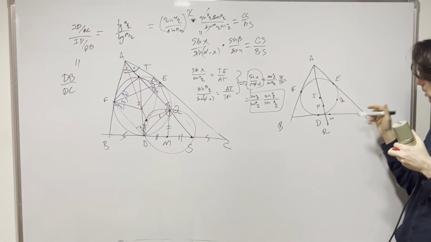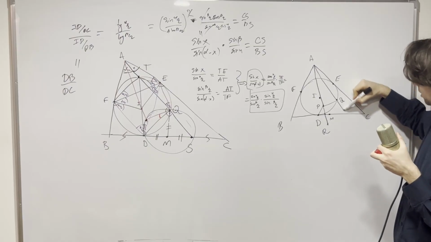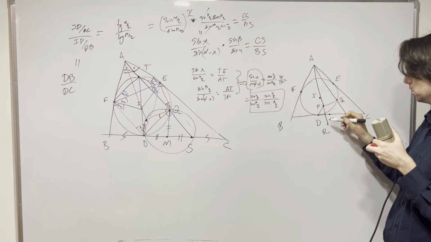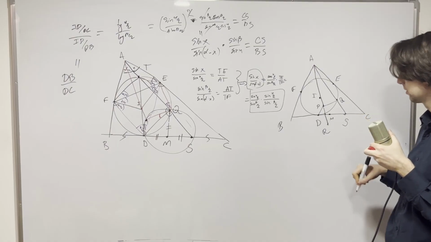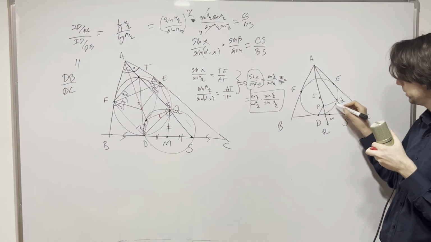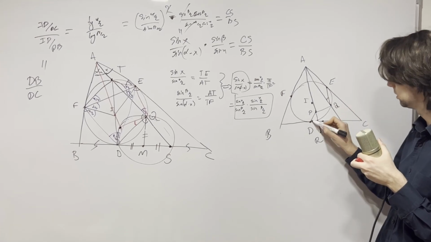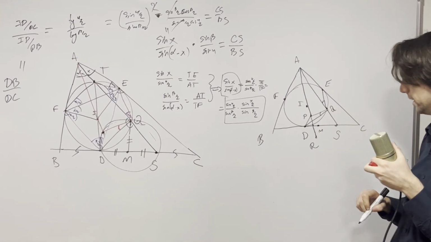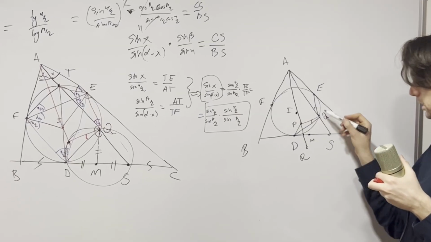And now let's think. We know that MQ is MP is MS. And now we need to show that this angle is equal to this angle to show that PQE is 90, because this one's 90.